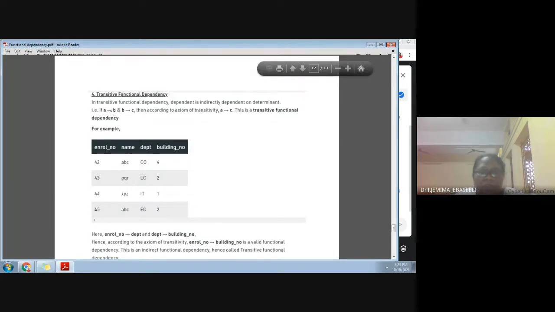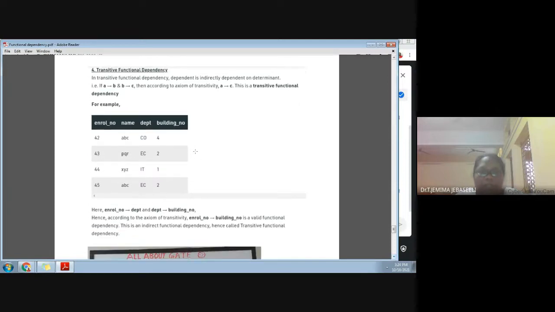As we have told, A to B and B to C, if you take that alone, then it is called transitive functional dependency. Consider here enrollment number, everything is unique. A department is functionally dependent on it.